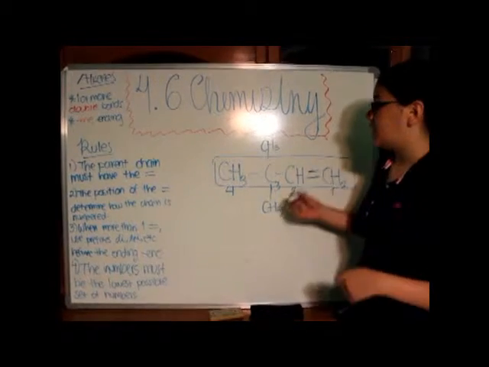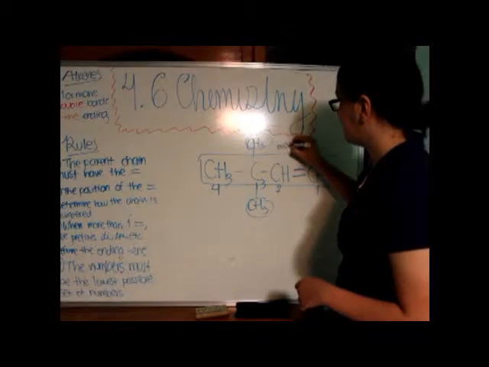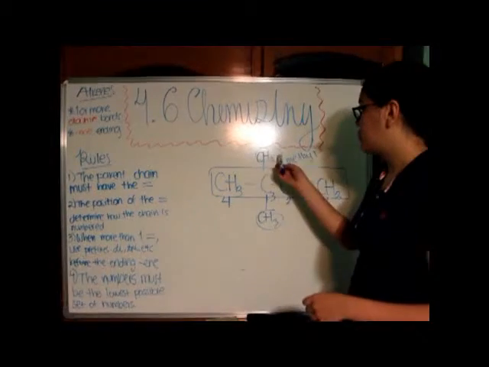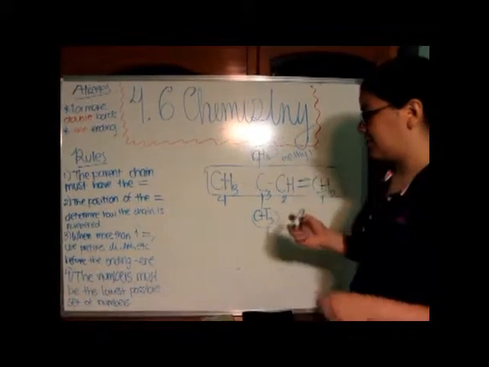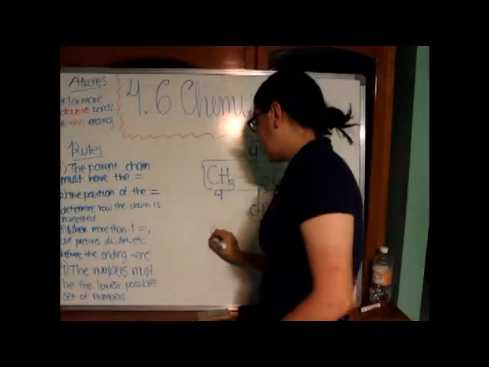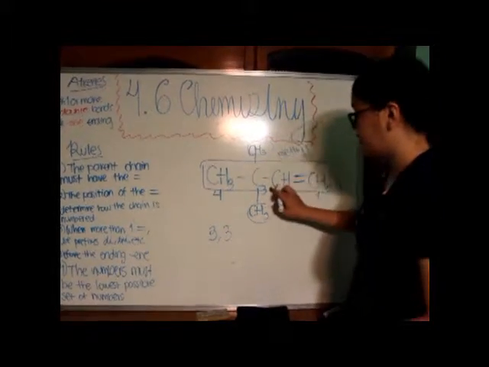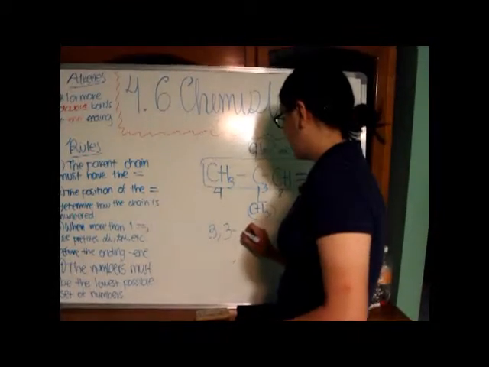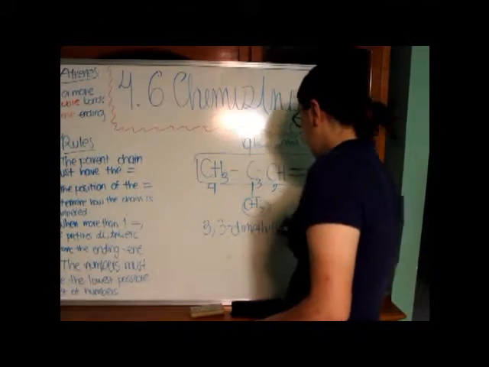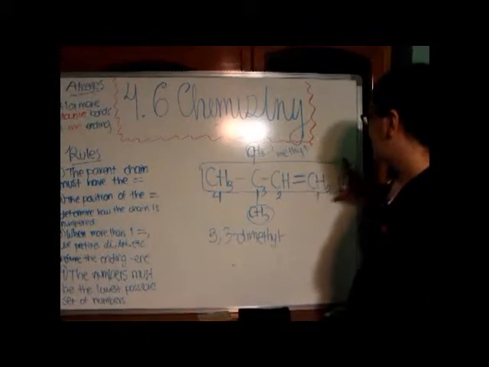Now, the next step is to name the substituents. These are both methyl. And as we know from the previous set of rules for alkanes, we have 2 methyl, so we need to use dimethyl. But we also need to say where they are. So we'll put 3, because this is in carbon 3, comma 3, because this is in carbon 3, hyphen dimethyl because we have 2, hyphen.